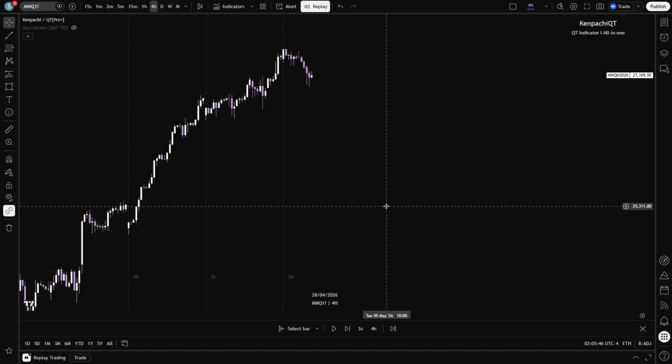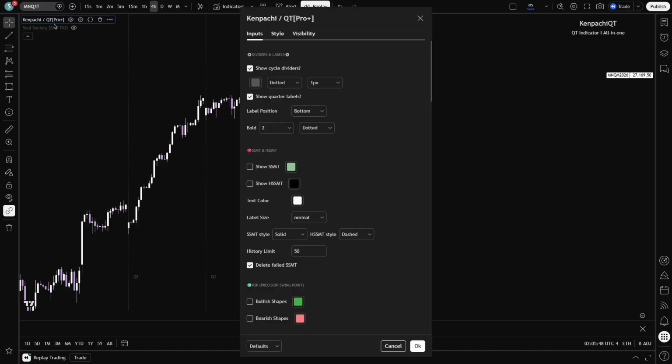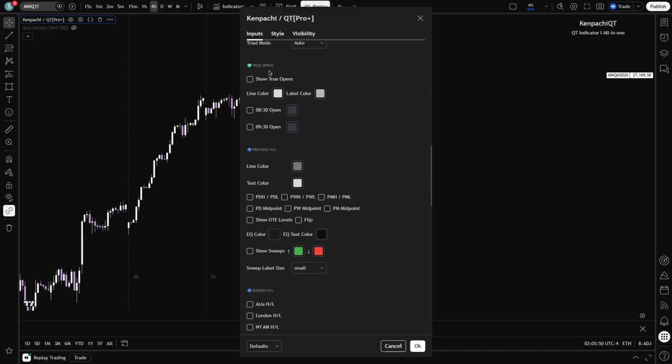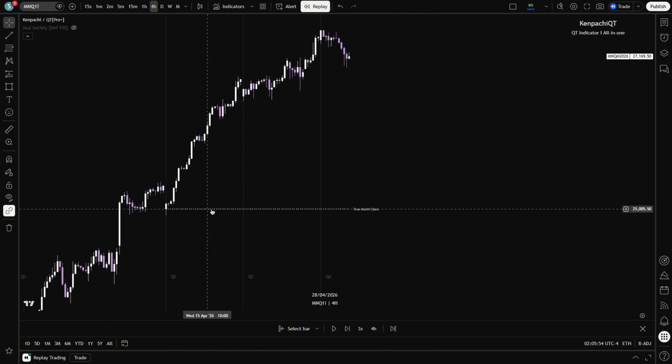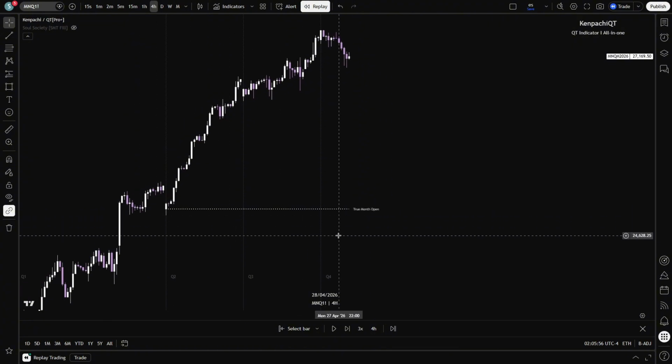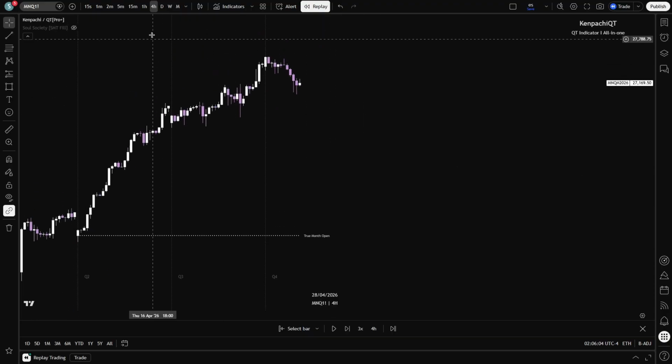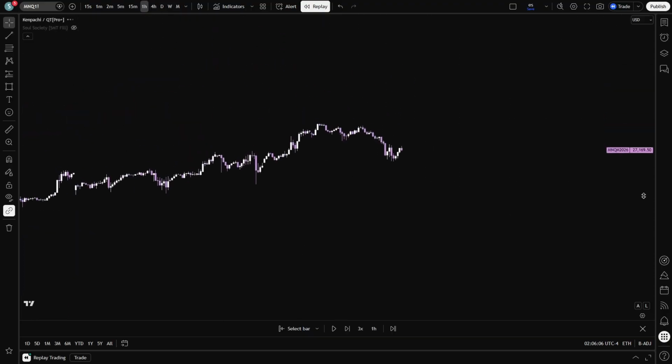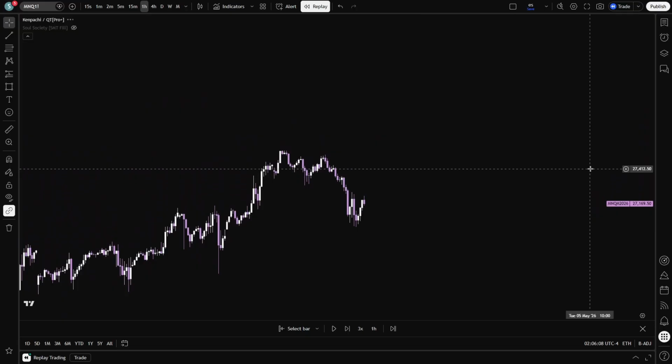Okay, so I'm not gonna mark it up manually because I have my indicator, but here's how it works. The very first candle opening price of the Q2 is going to be our true open. So if you're at 4 hour time frame, it's going to be our true month open. If you go down to the 1 hour time frame, it's going to be our true week open.